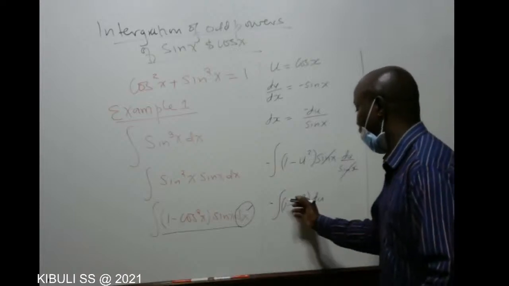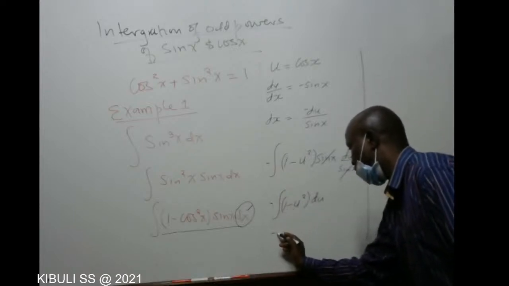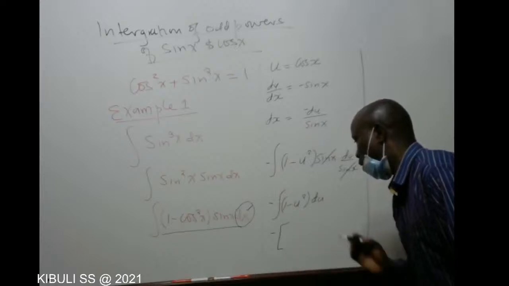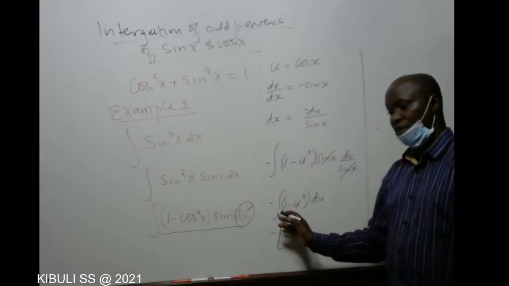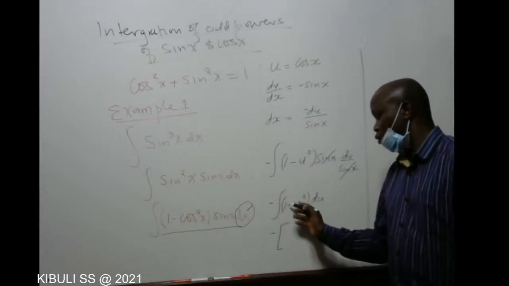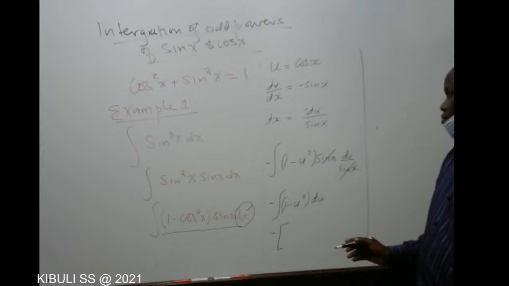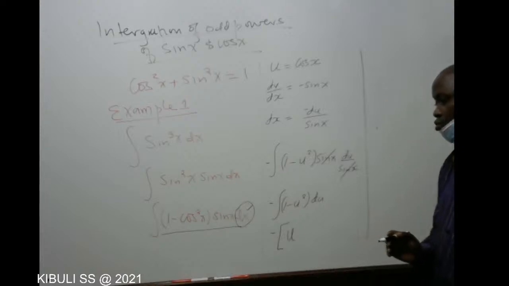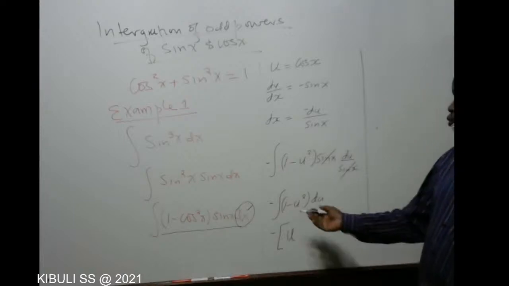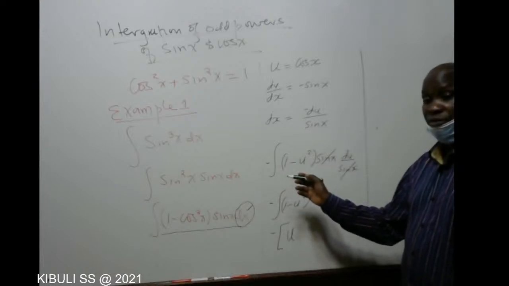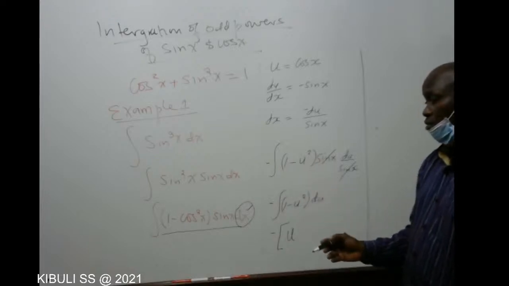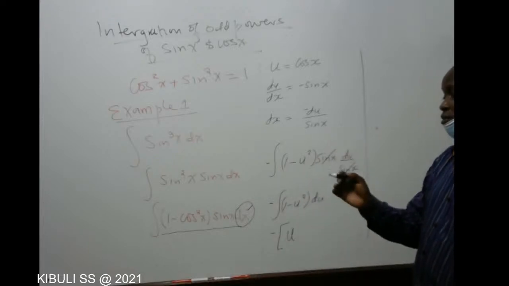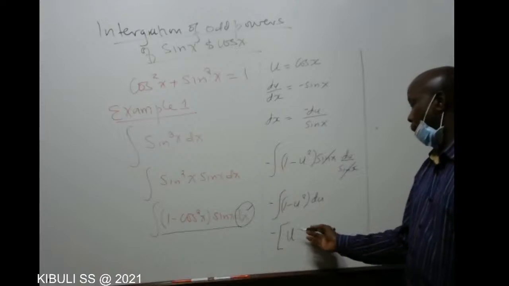So this means maintaining the negative. Integrating 1 gives us u. Because what is 1? It means u power 0, which means increasing the power by 1 is going to be u. Minus.